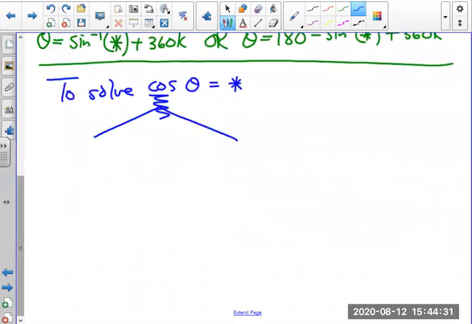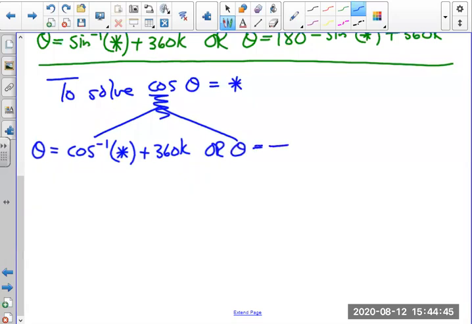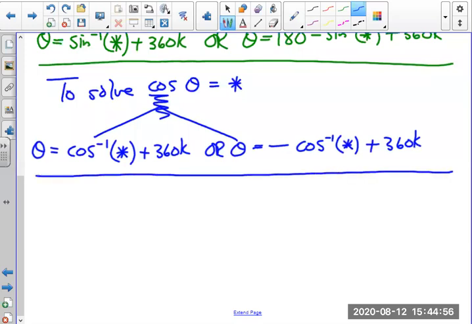You make your two legs, you say angle equals shift cos of your answer plus 360k, or angle is equal to minus shift cos star plus 360k. So cos is easy: plus shift cos, minus shift cos.